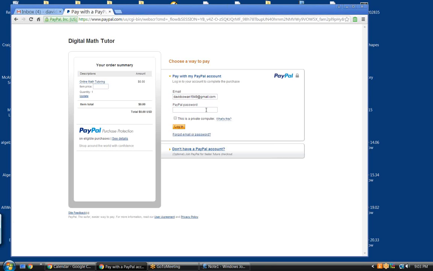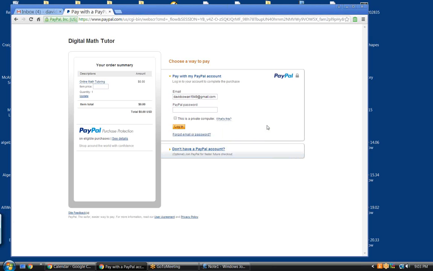That's the way she wants to pay, using PayPal, right? Yeah, probably. This is the easiest way to do it. In fact, this is a lot easier than writing a check and mailing it to me, because the only thing she needs to put in is the amount and her PayPal password.